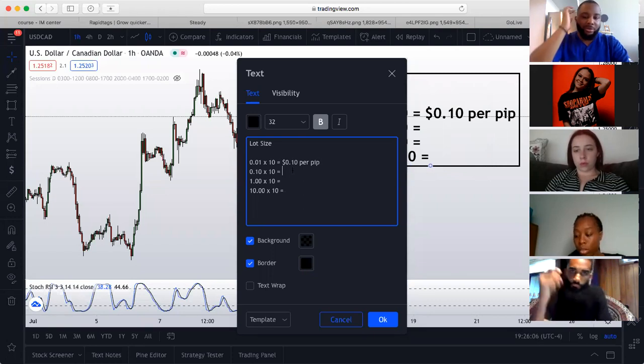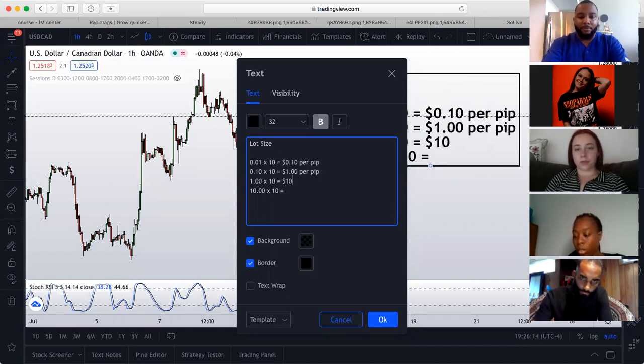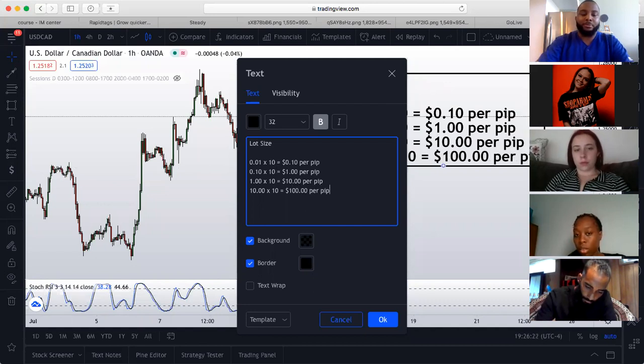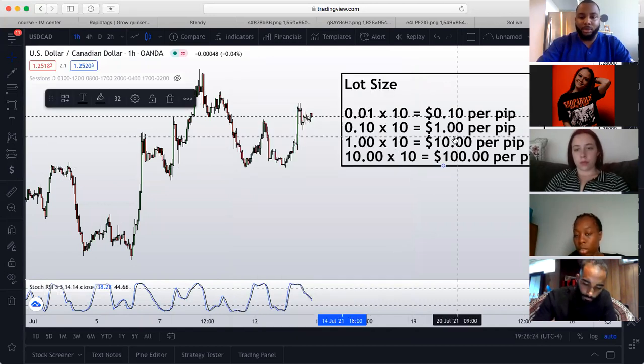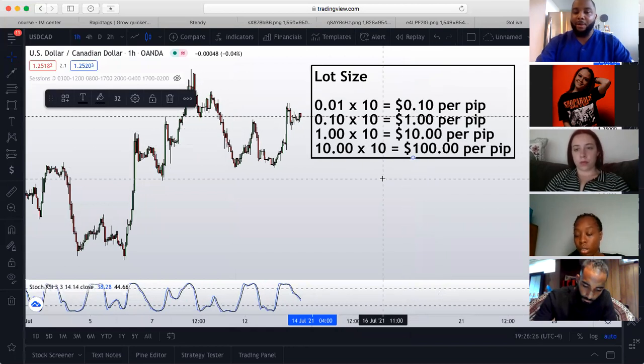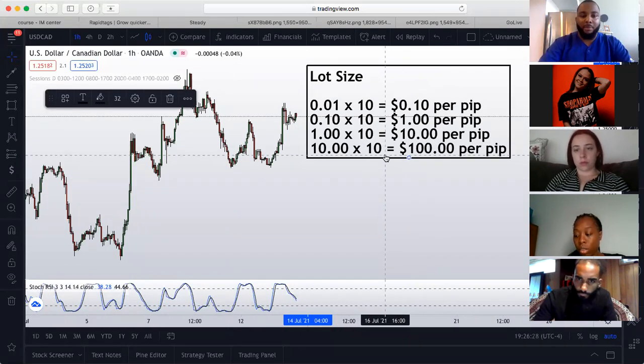So 0.01 times 10 equals 10 cents per pip. 0.10 is $1 per pip. 1.00 is $10 per pip. And 10.00 is $100 per pip. So let me now break down to you guys why this all makes a lot more sense now.